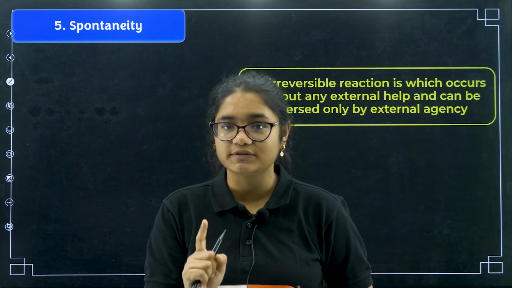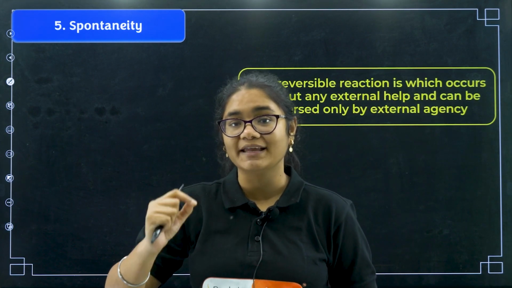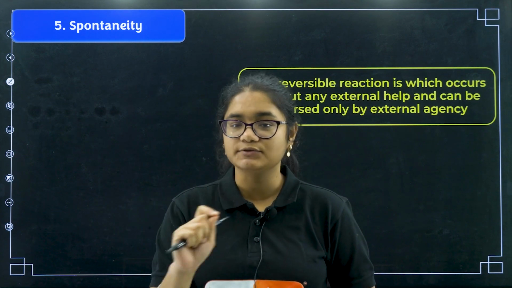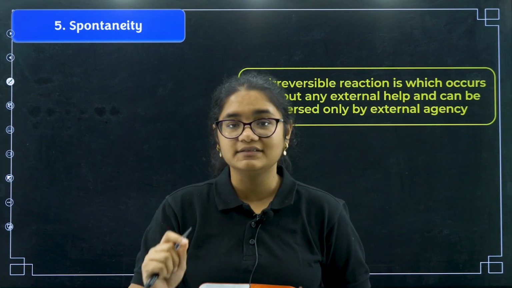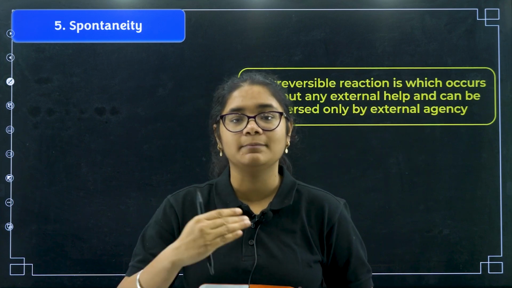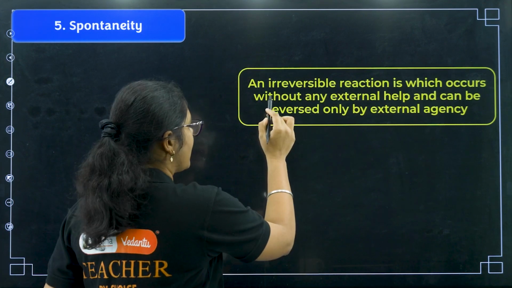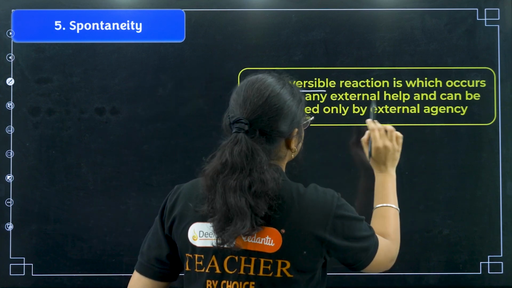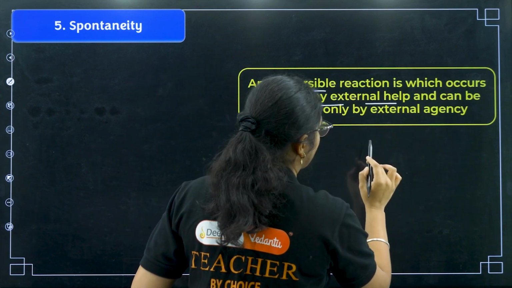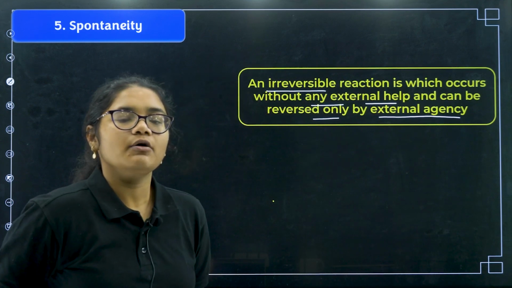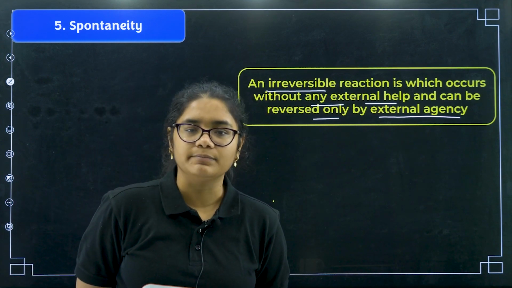Spontaneous reactions are those reactions which occur by their own without any external agency. There is no external force required. This process can take place by its own. It is an irreversible reaction which occurs without any external help and can be reversed only by external agencies.